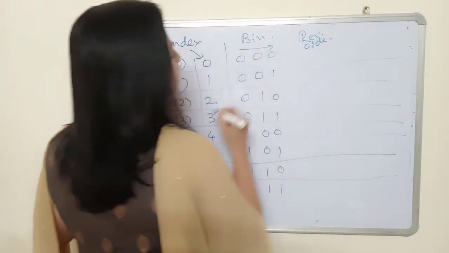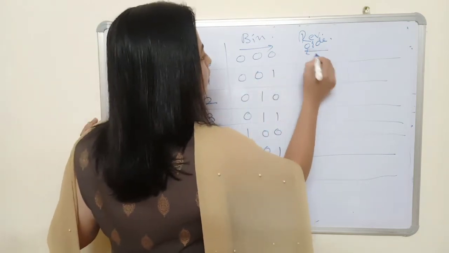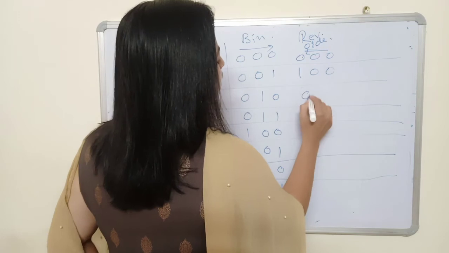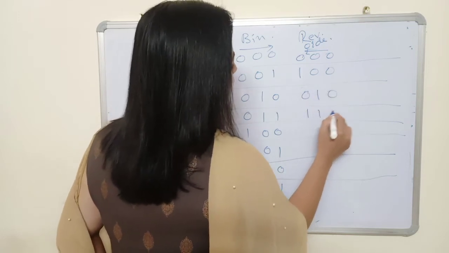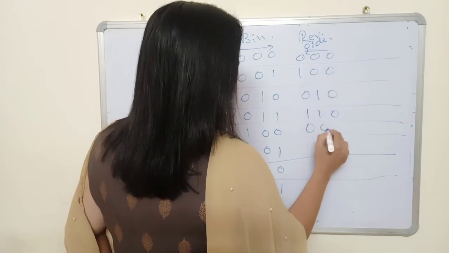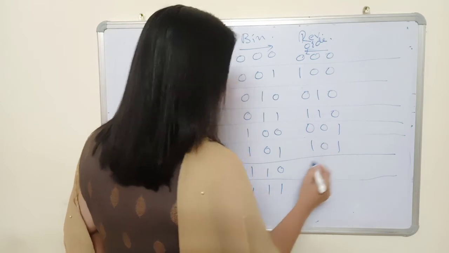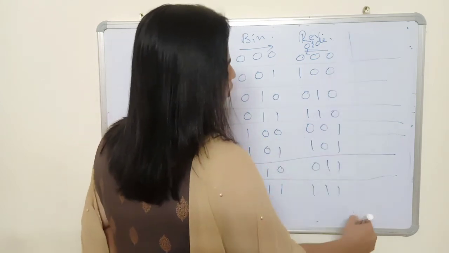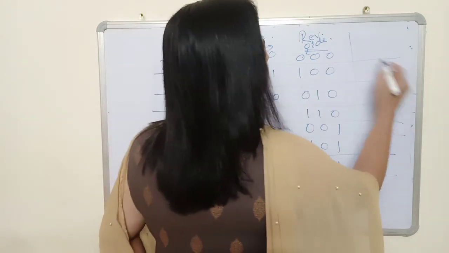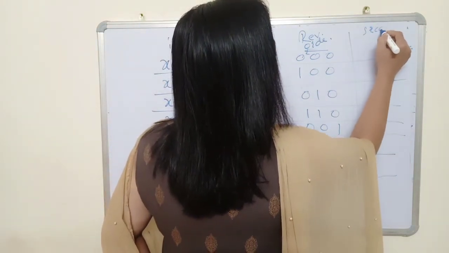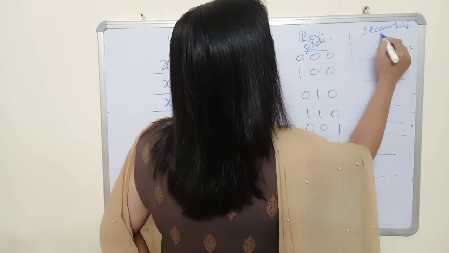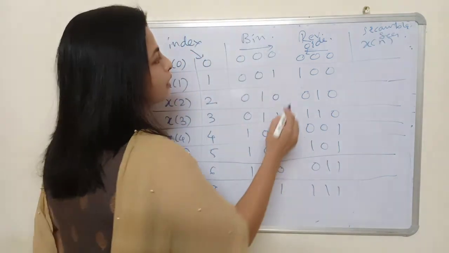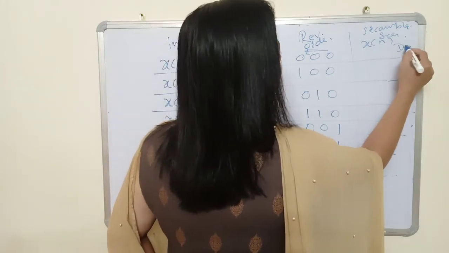Now we'll reverse this order of the bits. So your scrambled sequence x of n will be this in decimal.